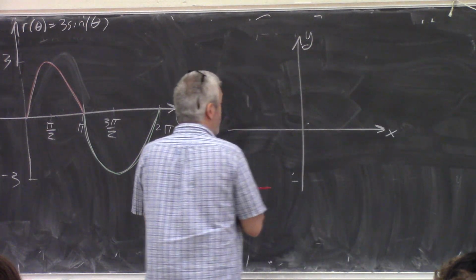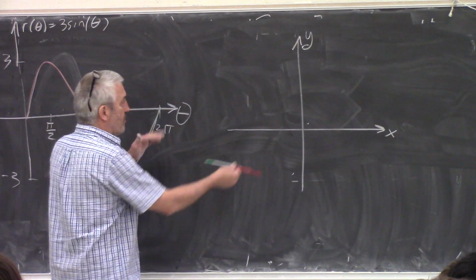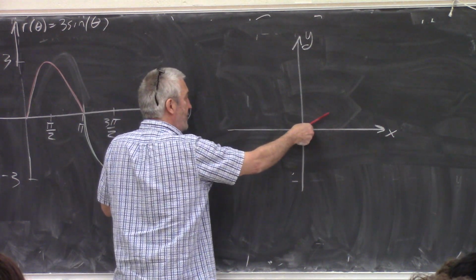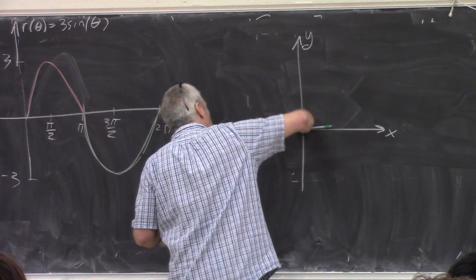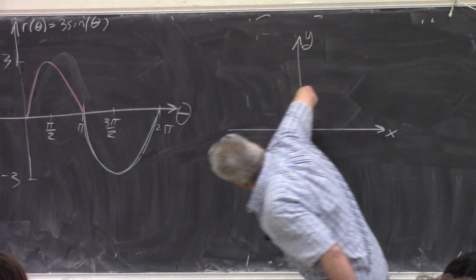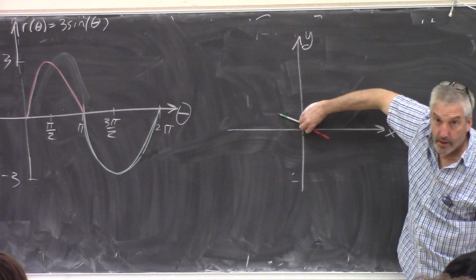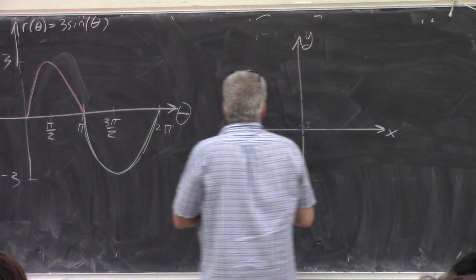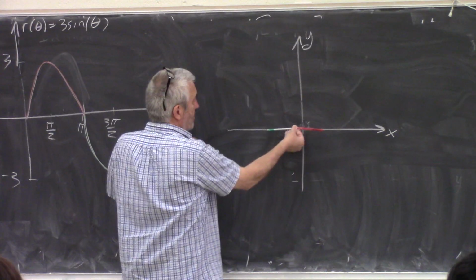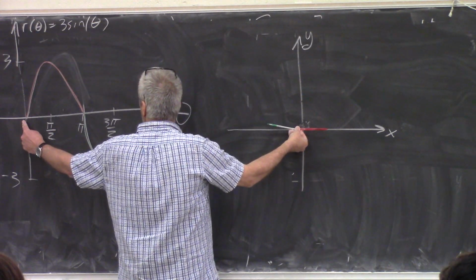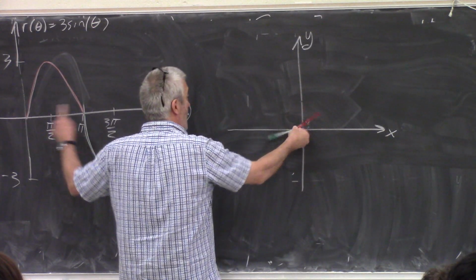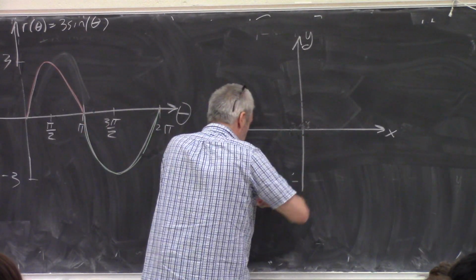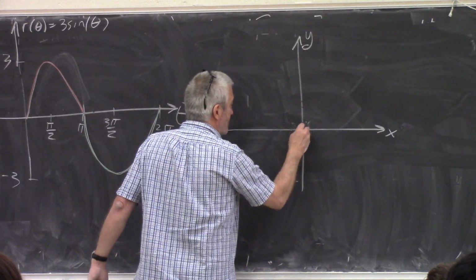here's our x-axis, and we're supposed to rotate this x-axis. You know, there it's not been rotated. We need to eventually rotate it through all the angles, all the way around to 2 pi. All right? Now, what's going to be happening? Well, when the angle is 0, and when the angle is pi, and when the angle is 2 pi, all those places, our point is going to be here.